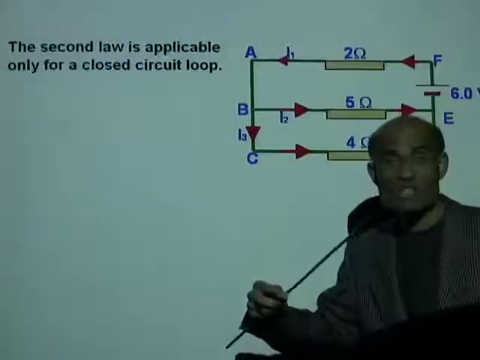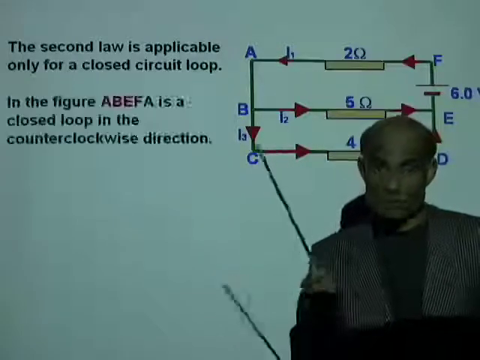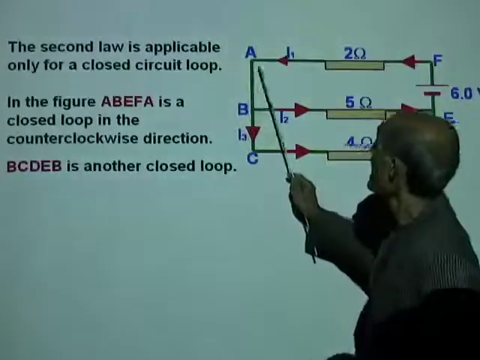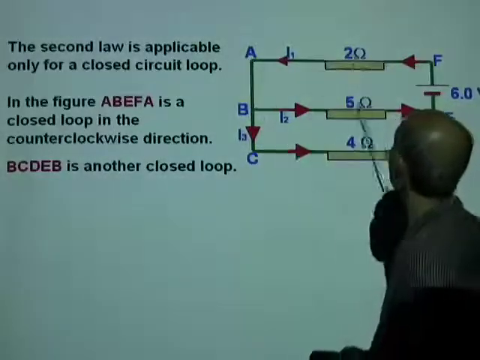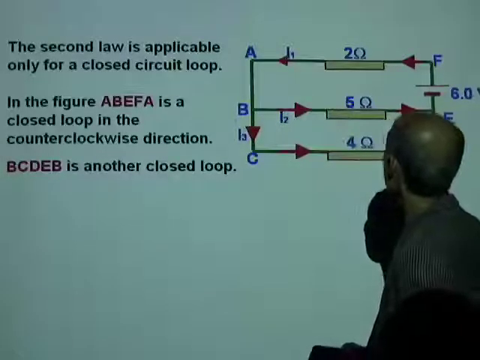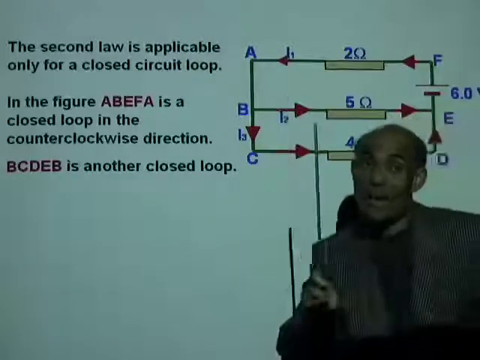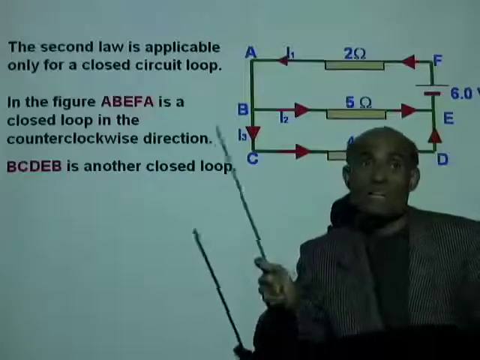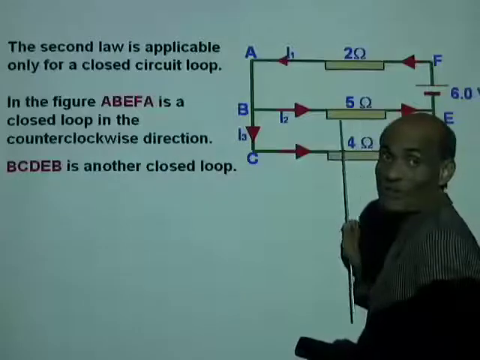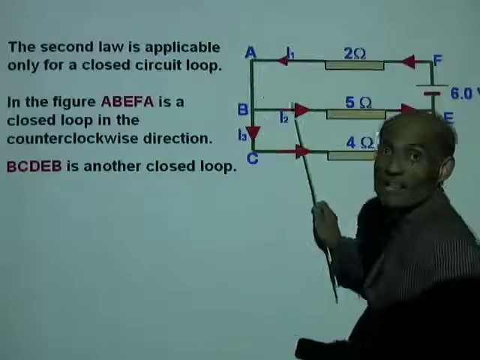Alright, pay attention to this. Sometimes it could be a little difficult to understand, so try and see whether you understand the concept. In the figure, A, B, E, F, A. Look at the way I have named it. This is a closed loop, and the way I have taken that loop is counterclockwise, the direction opposite to the motion of the hands of a clock.